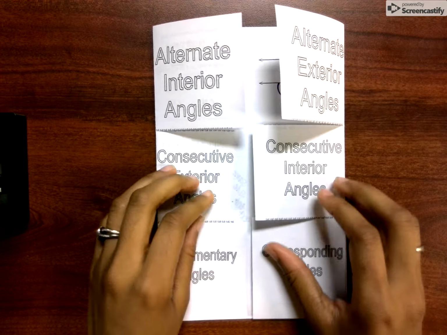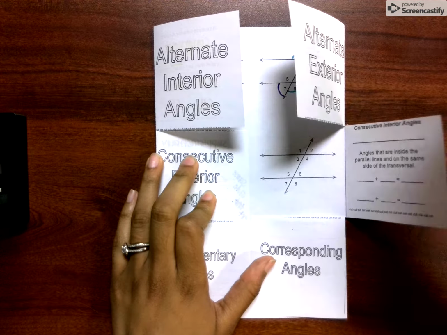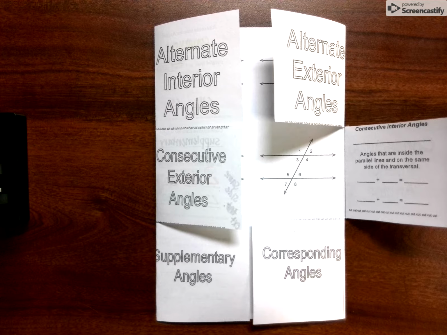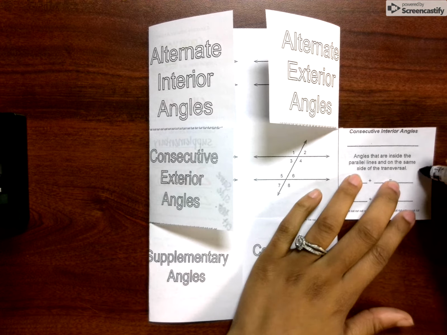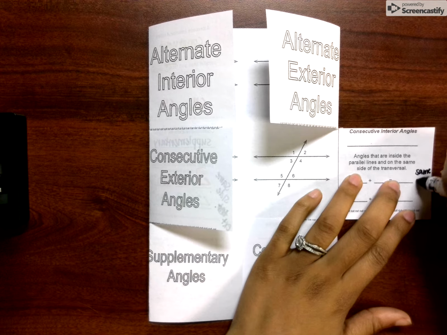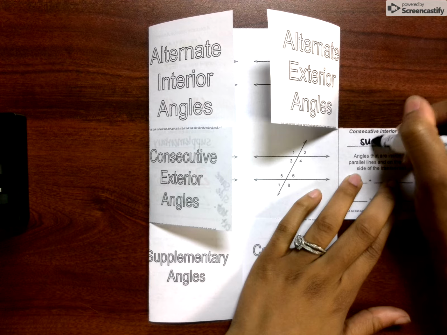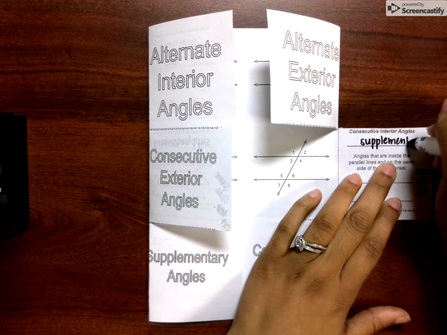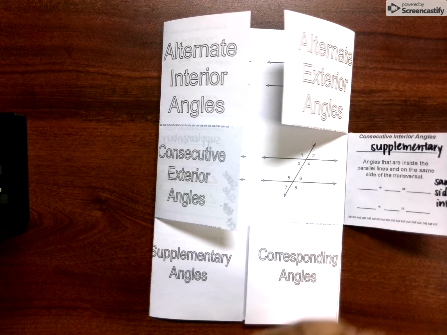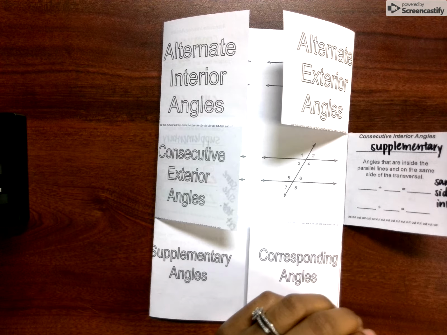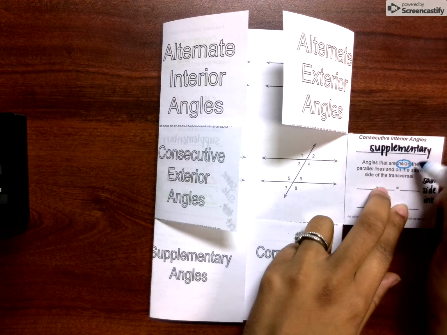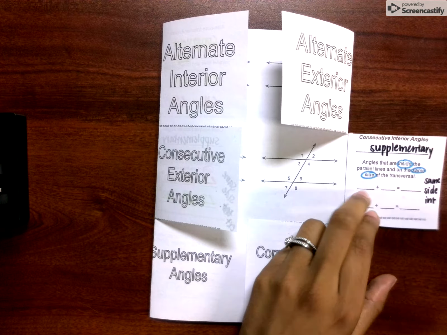Now let's hop over to consecutive interior angles. Consecutive interior angles, or same side interior angles, are also supplementary. And these type of angles are inside the parallel lines and on the same side of the transversal.